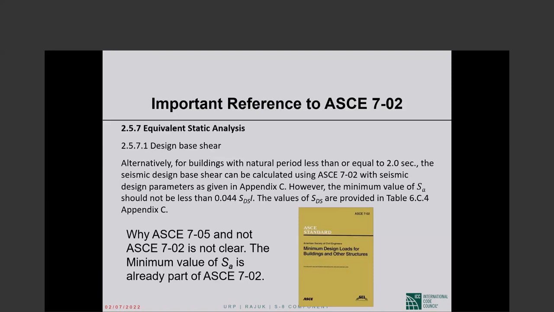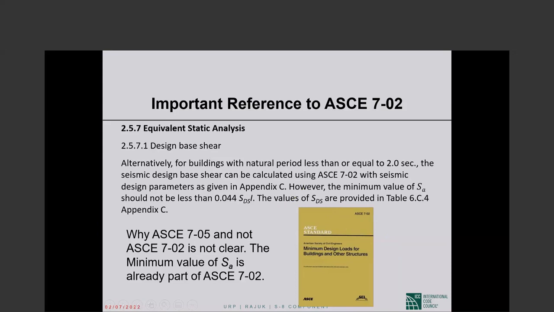The section 2.5.7.1 goes on to say, however, the minimum value of S sub a, the spectral acceleration, as you will see, should not be less than 0.44 S sub DS times I. Interestingly, that restriction, that S sub a shall not be below a certain value, is already built into ASCE 7-02.